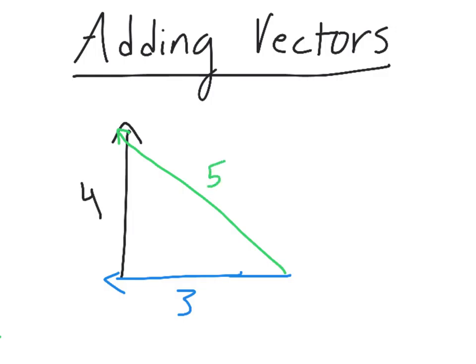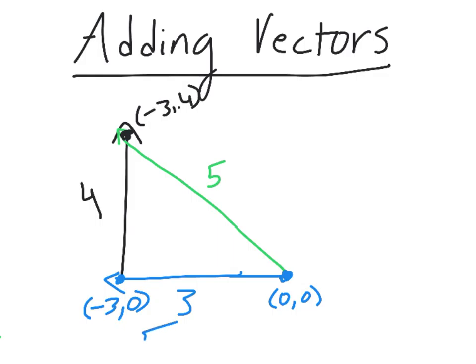So we have, let's say this starts at the origin, so this is 0, 0. And then over here, it will be -3, 0. And then up here, it will be -3, 4. Okay? So this blue vector would be -3, 0.